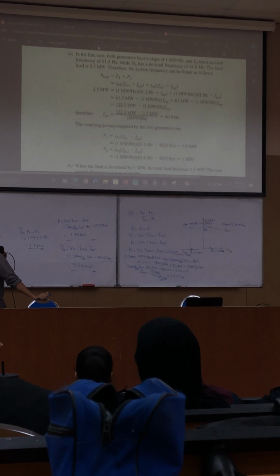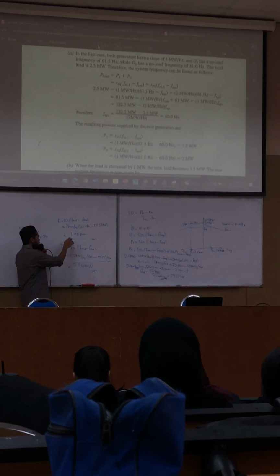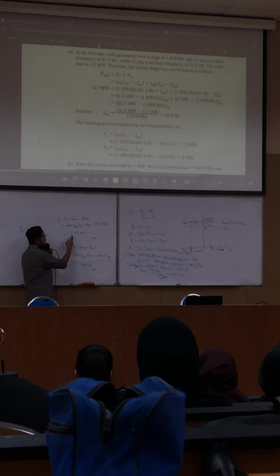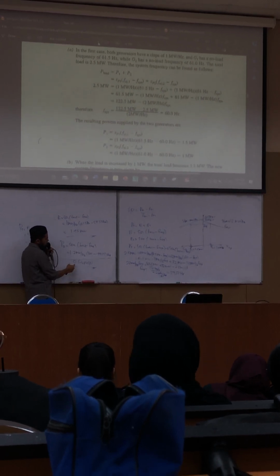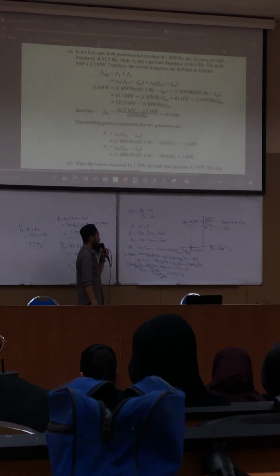So this is the portion of the fraction sharing: P1 1.95 megawatt, P2 0.54 megawatt.